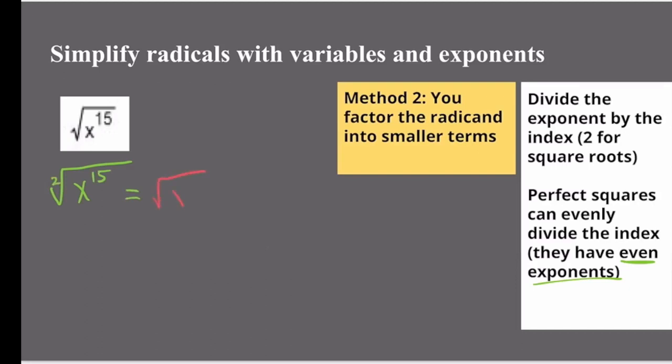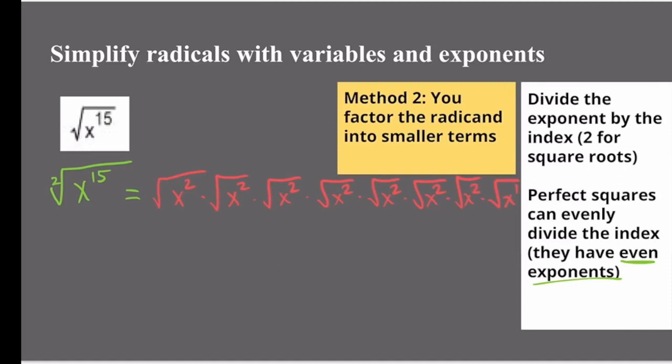So x squared times x squared is x to the 4th. Plus 2 is 6. Plus 2 is 8. Plus 2 is 10. Plus 2 is 12. Plus 2 is 14. Plus 1 is 15.